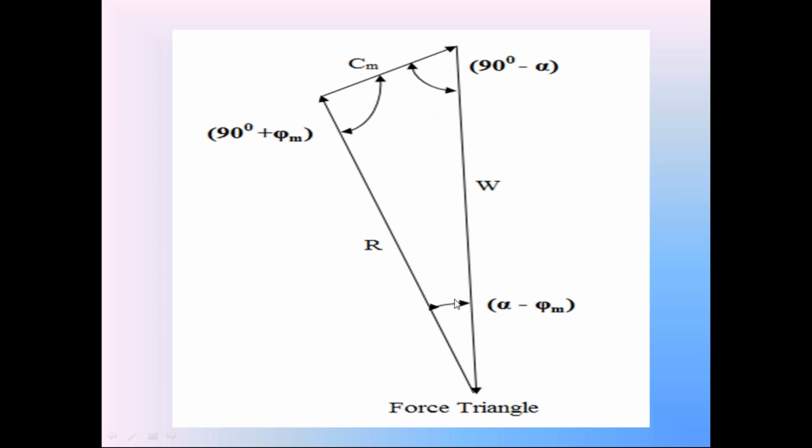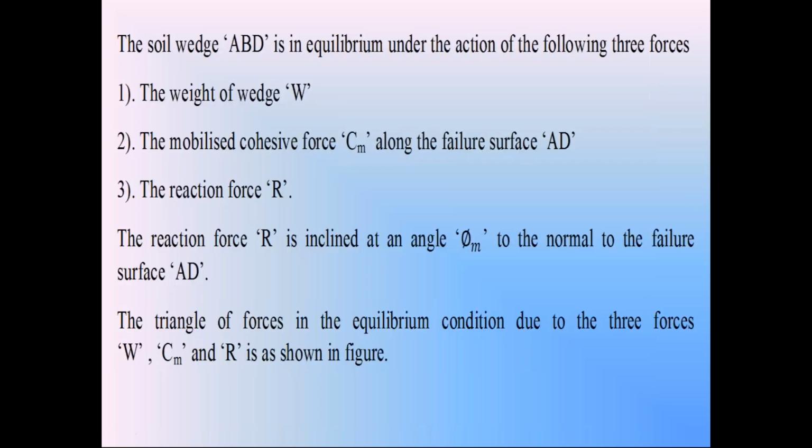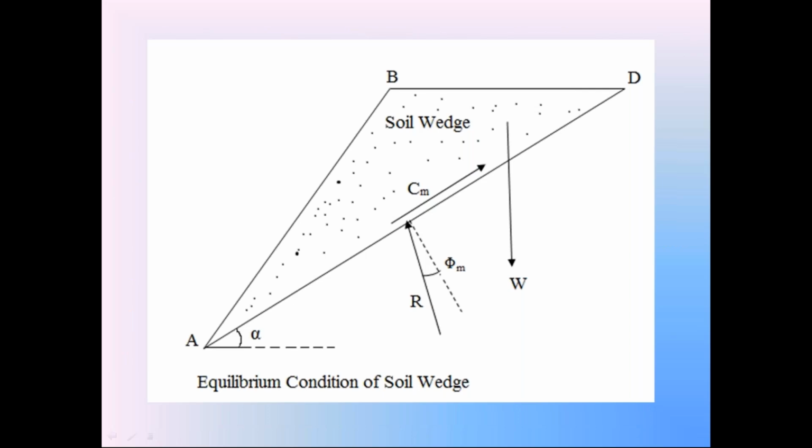Coming to the angles in this force triangle, now go to the free body diagram. Between the force Cm and the force W, check this angle carefully. We know that the surface AD makes the angle alpha with the horizontal. So here this angle is alpha.